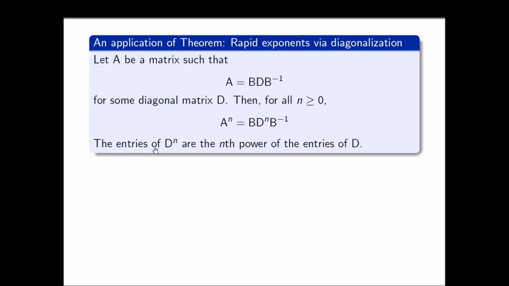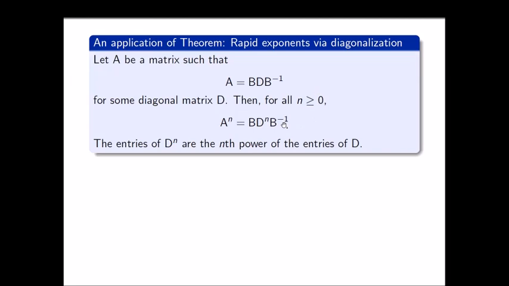And because D is diagonal, the entries of D to the n are the nth power of the entries of D. Because D is such a simple matrix, computing things at the level of D is very easy, and that is what makes this computation much faster.